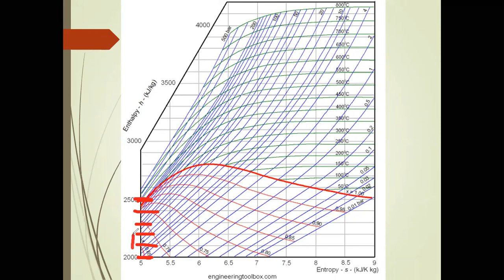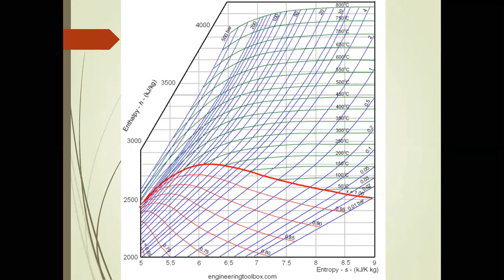Similarly, this is 2600, 2700, 2800, and up to 3000. So the main thing I am trying to say is that every box is 100 on the enthalpy scale. So we have already seen the x-axis and y-axis.